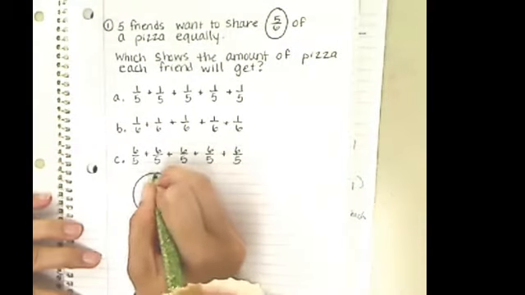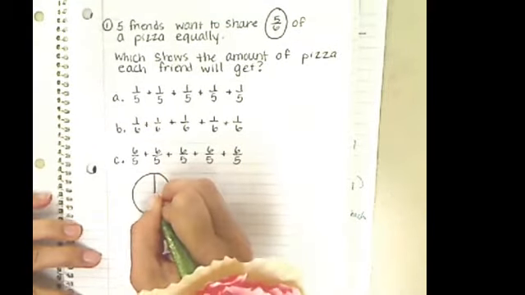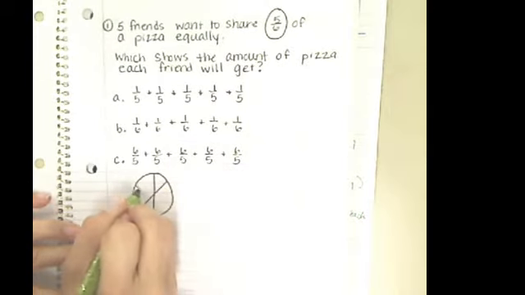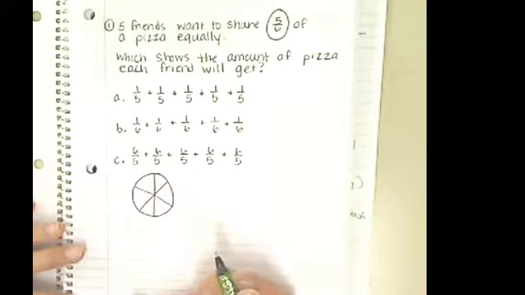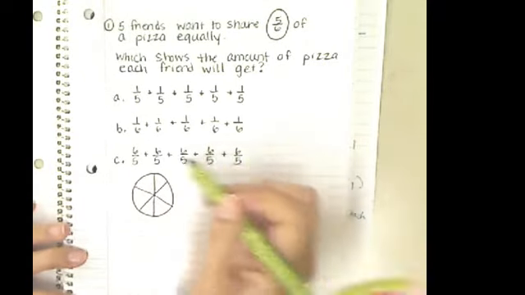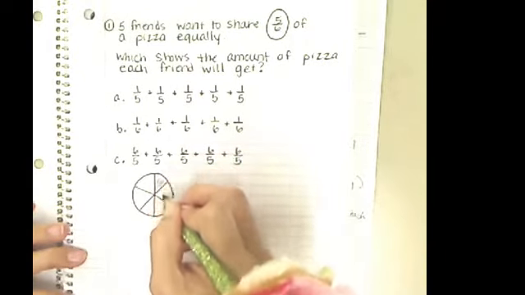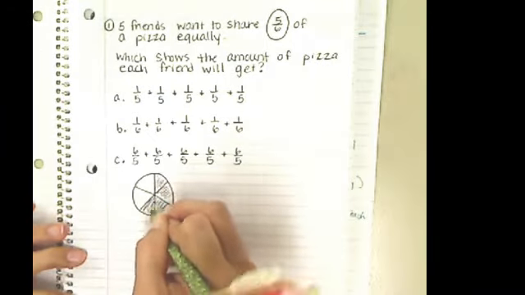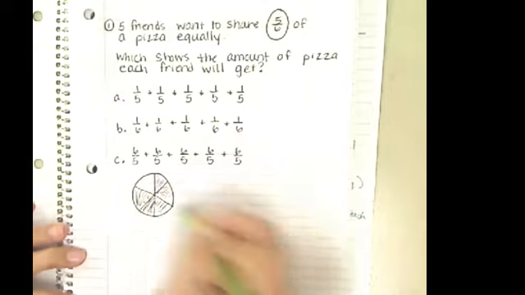Take a pizza, divide it into 6 pieces, and 5/6 is this piece, this piece, this piece, this piece, and this piece. Okay?